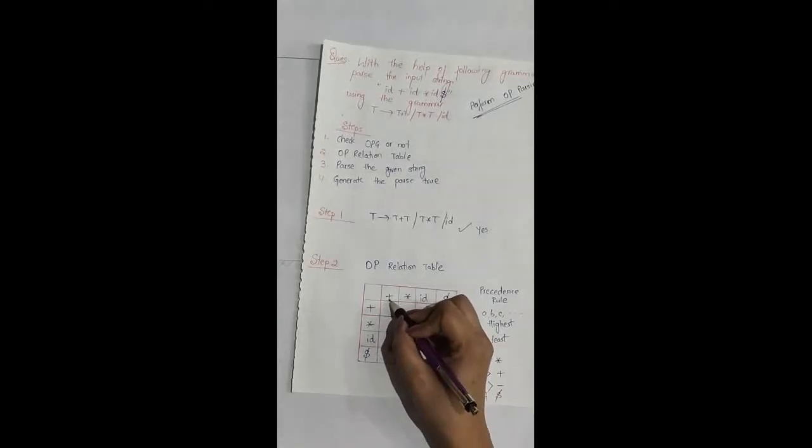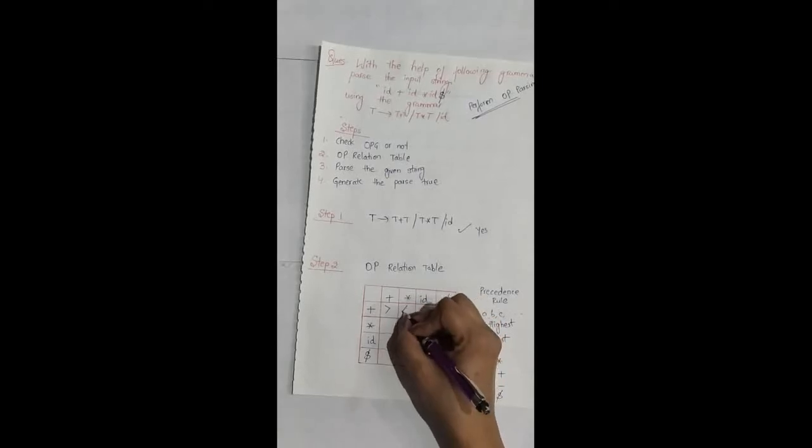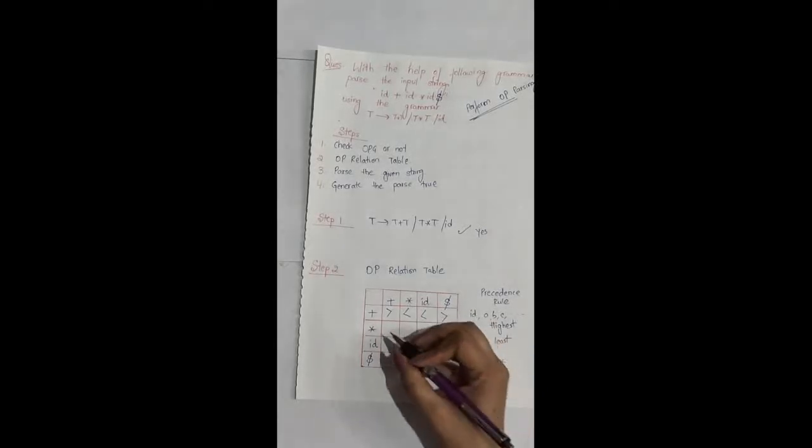Plus and plus, same operators, so we'll give left symbol more priority. Now plus and asterisk, asterisk has more precedence. Plus ID, obviously identifier, and dollar and plus, plus is of higher priority as compared to dollar. In the same way, complete this table.